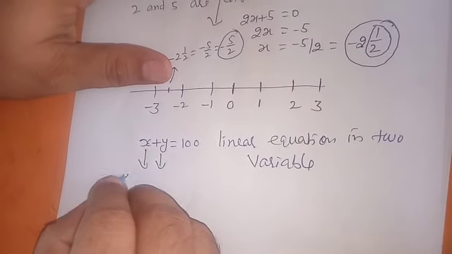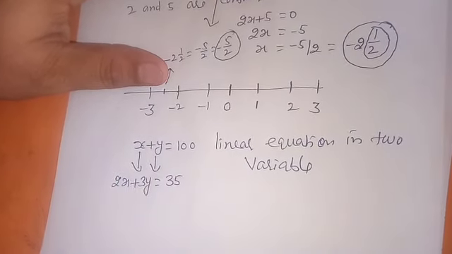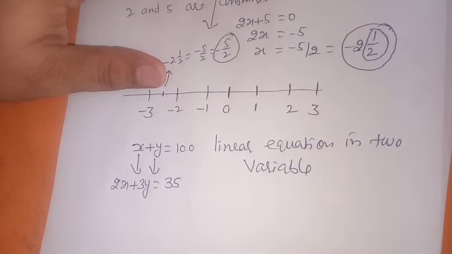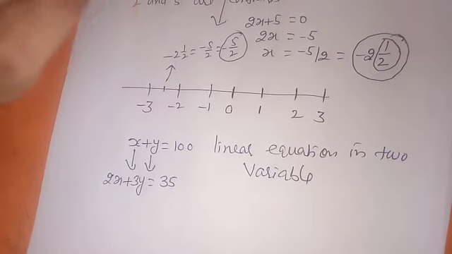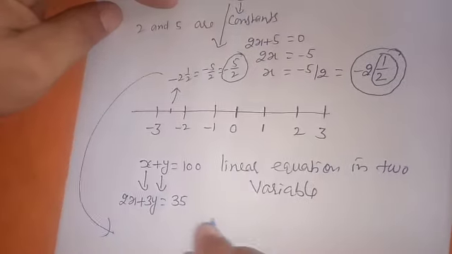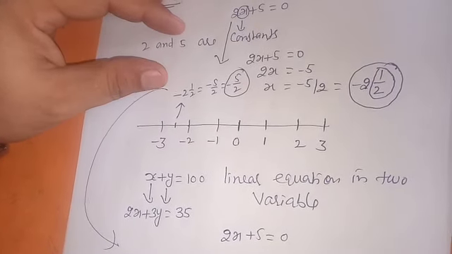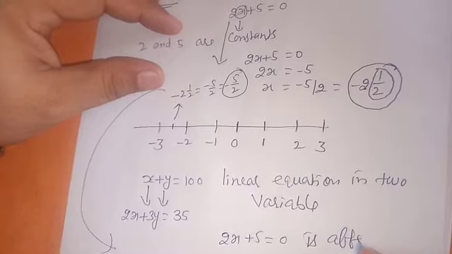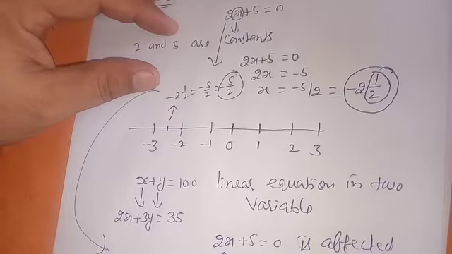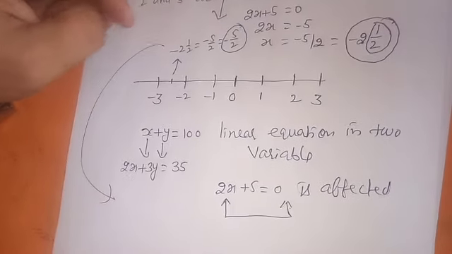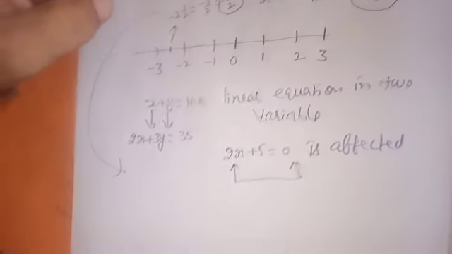Another example you can say 2x plus 3y is equal to 35. In your book also given, and you also know this, linear equation of one variable like this 2x plus 5 equal to 0 is not affected if same quantity is added or subtracted on both sides of the equation.